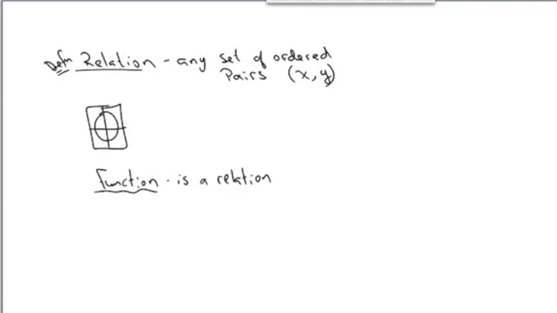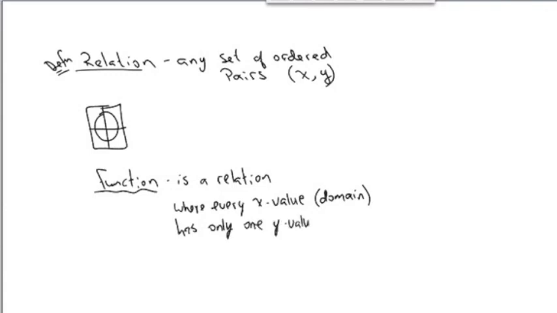So there's a little bit more specifics going on, where every x value, known as domain, has only one y value associated with it, other than the x value.